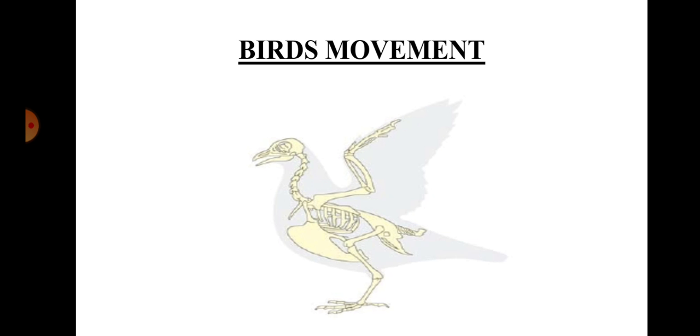They have strong shoulder muscles, and the breastbone holds muscles that help the wings to move up and down. The birds have special skeletal muscular structures.